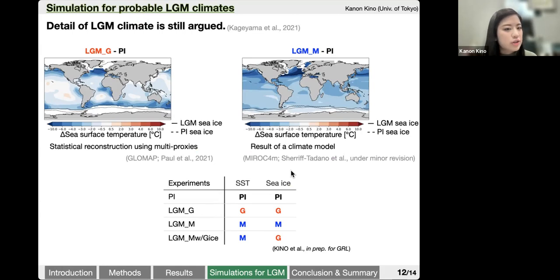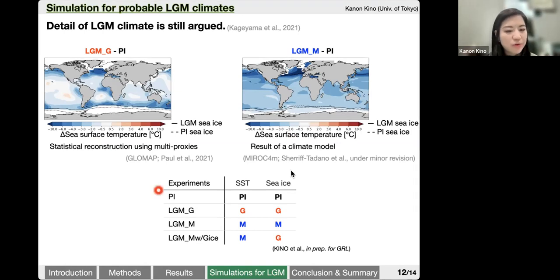In these figures, colors show the annual mean SST, sea surface temperature, as LGM minus PI, and contours show the sea ice area in each climate. The left one is the statistical reconstruction using multiple proxies, and the right one is the output from a climate model.